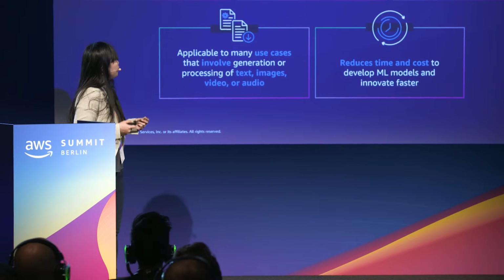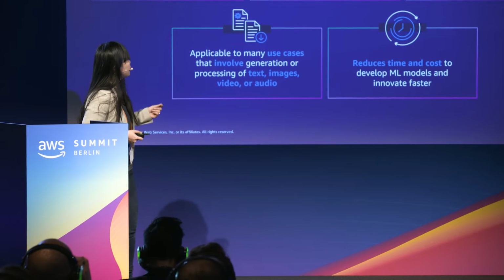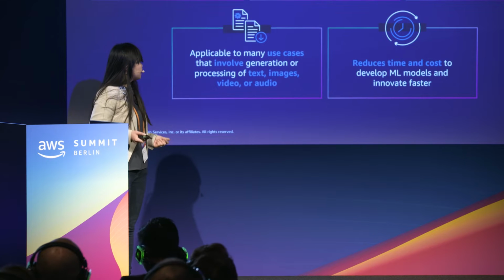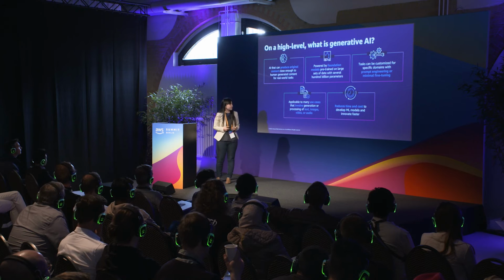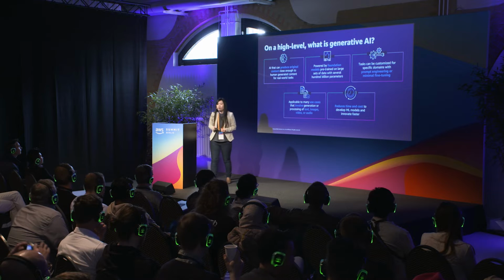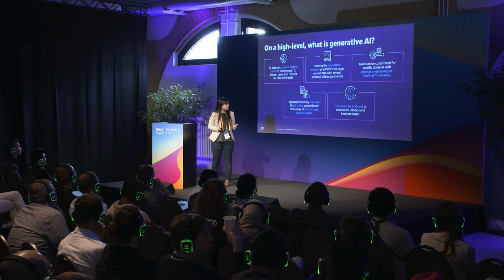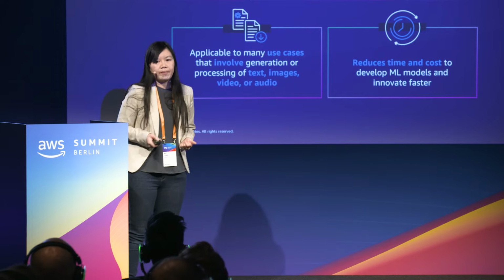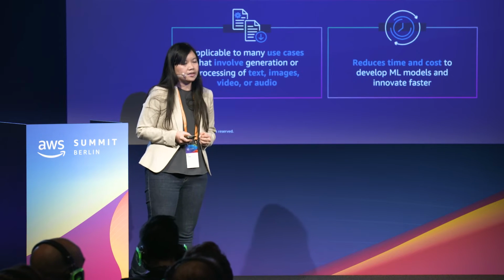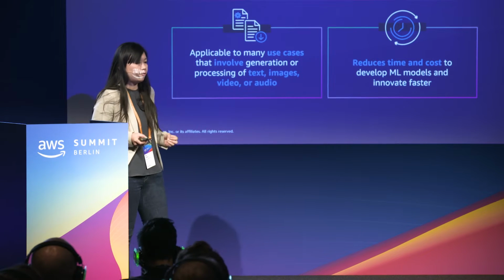If we think about what is the model behind it, we start from foundational models. Foundational models come along with tons of training data and hundreds of billions of parameters. When we talk about generative models, we also talk about the number of parameters. It's a way that we measure how complex the model is and the sophistication level of the tasks it can perform.